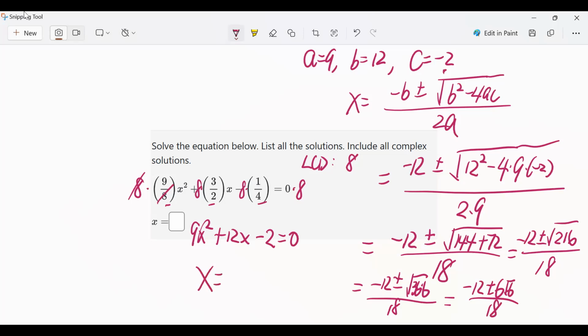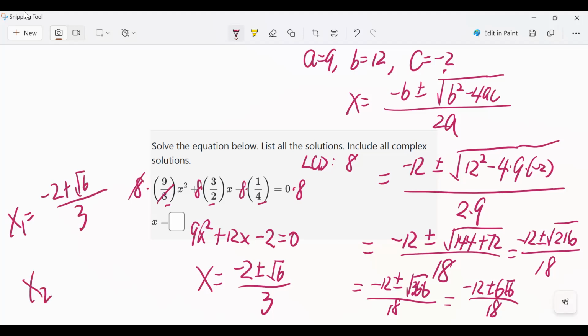That will actually be -2 plus or minus radical 6 over 3. Again, two solutions. x1 is -2 plus radical 6 over 3, or you can split it out as two fractions, either way you like. And then -2 minus radical 6 over 3.